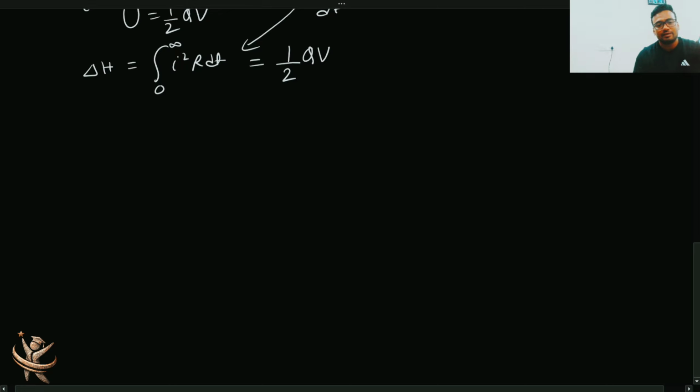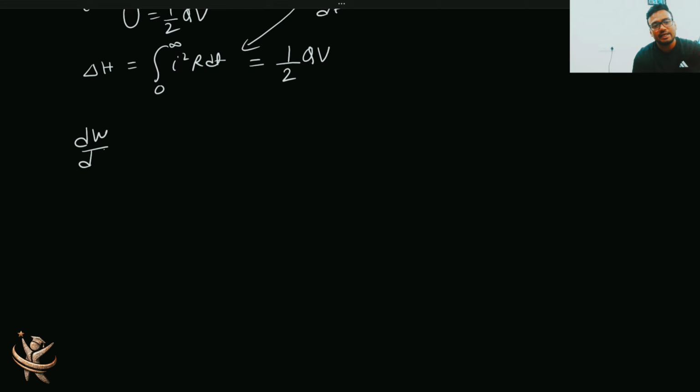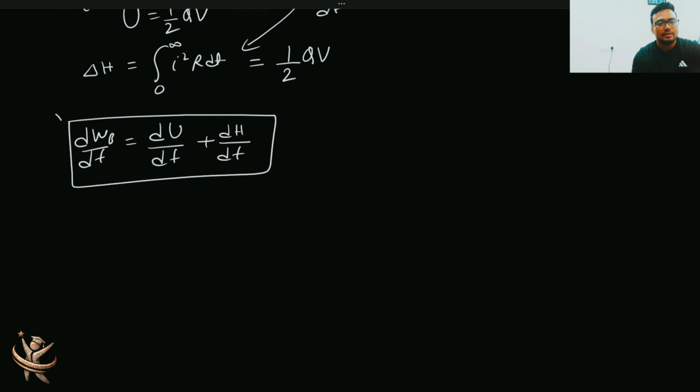For that we can say one thing: the rate at which the battery is doing work equals the rate at which energy is getting stored in the capacitor, plus some rate of heat loss. This is important for the transient phase. Once it is in steady state, half is stored and half is lost by the circuit as heat.